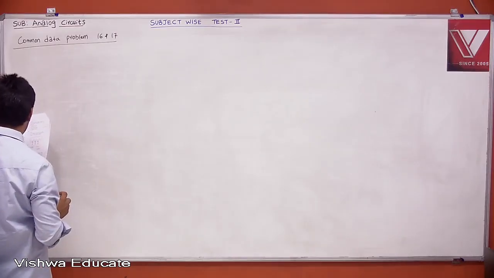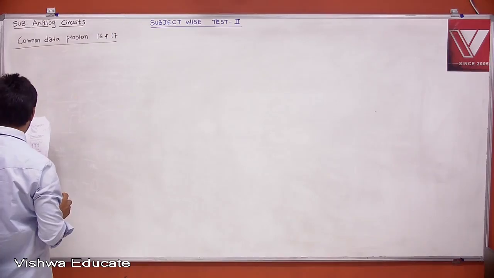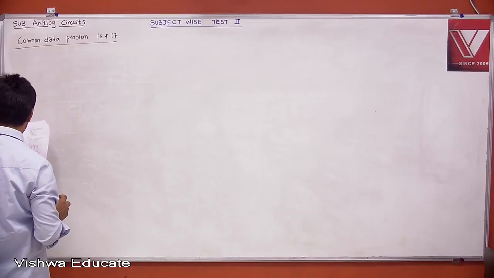Circuit is given. A regulated power supply shown in figure has unregulated input, which is 15 volts, and generates regulated output voltage.